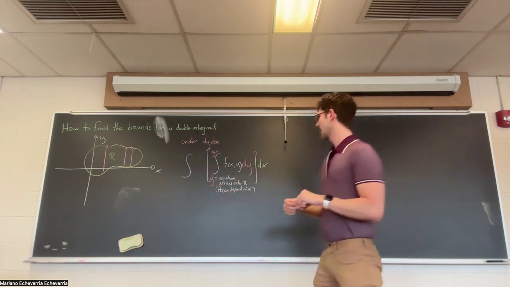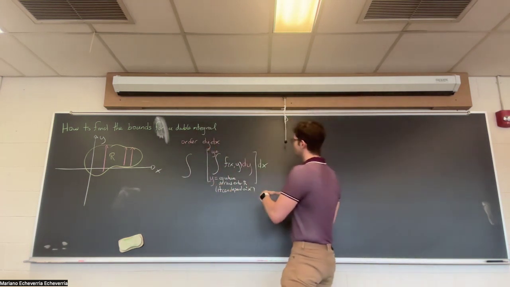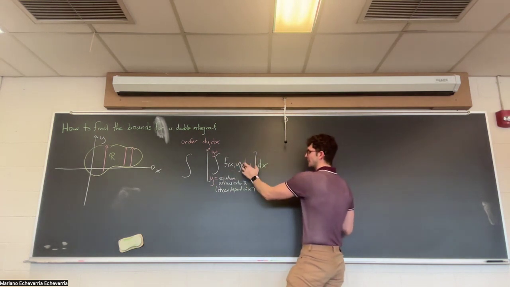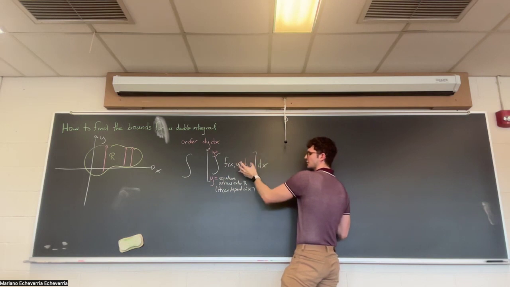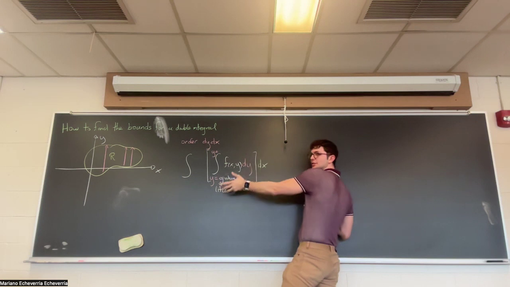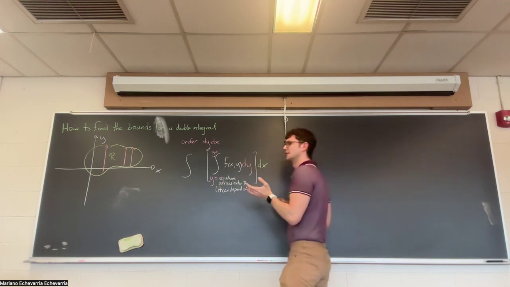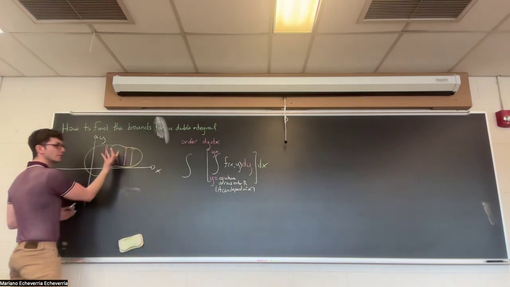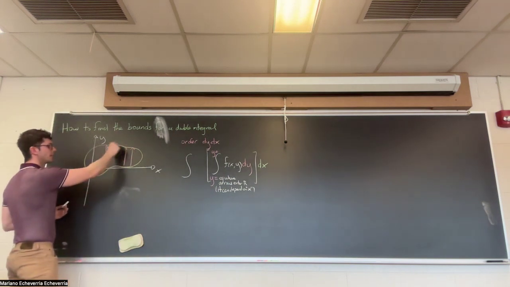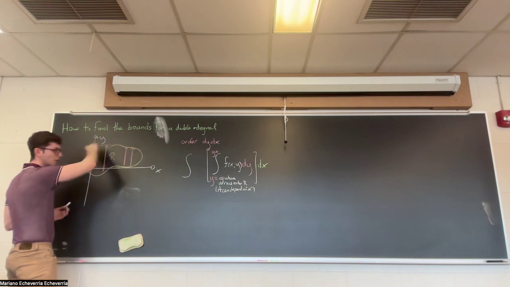Because this is an equation for y, it is allowed to depend on x. The rule is that the bounds can be a function of the remaining variable. In this case, the one you deal with first is y, so the remaining variable is x, and the bounds are allowed to depend on x in general. Then you imagine the arrows moving up, up, up, and they exit the region through some curve.